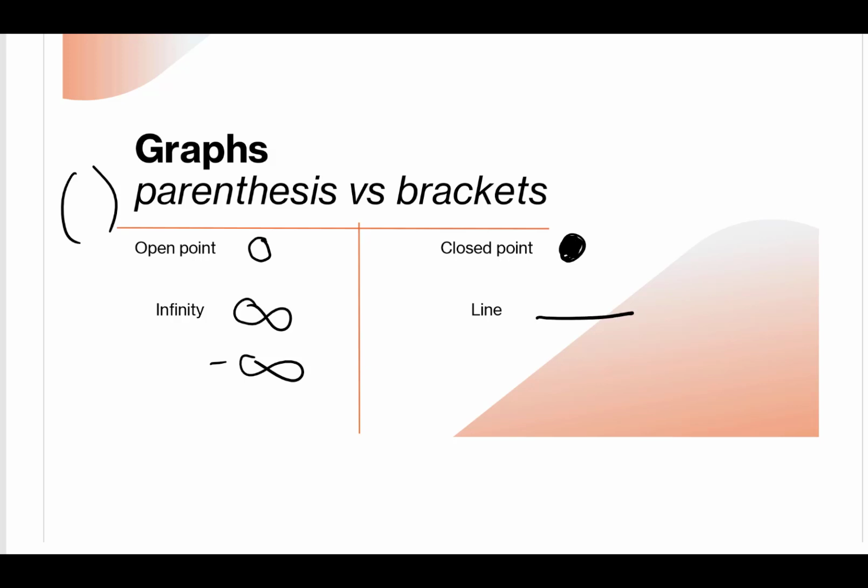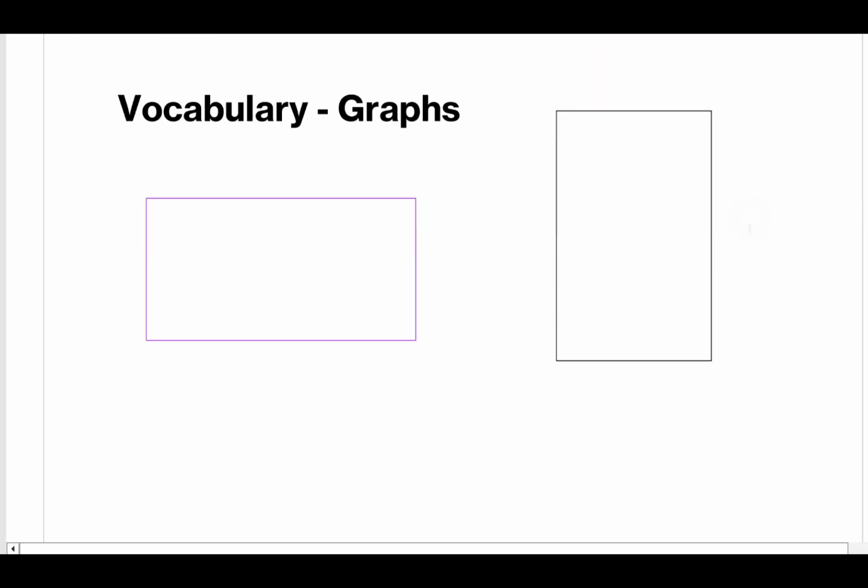So en español, estamos usando paréntesis en la siguiente parte cuando el punto está abierto, está aquí. O si la respuesta es positivo infinito o negativo infinito, necesitamos usar paréntesis. Cuando un punto está cerrado o está tocando una línea, eso significa necesitamos usar brackets. Okay, so those are two options.